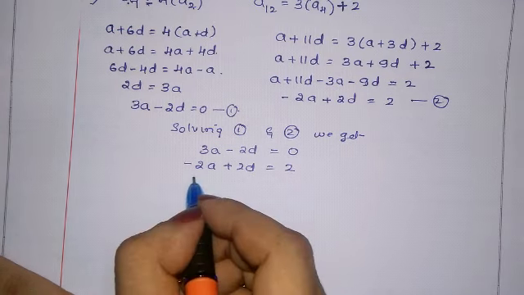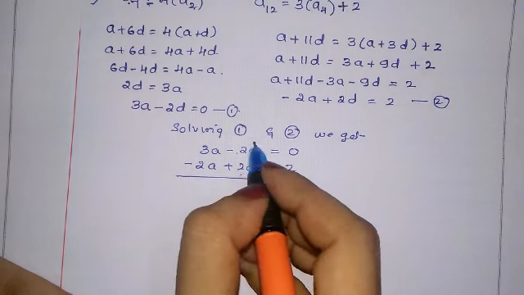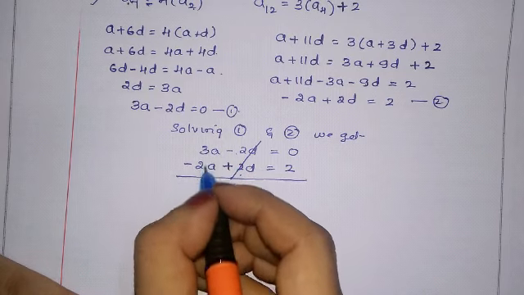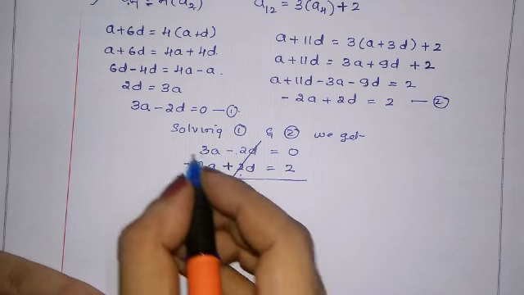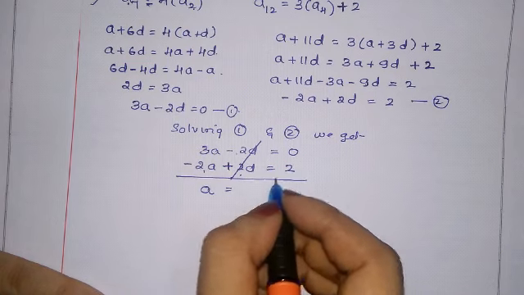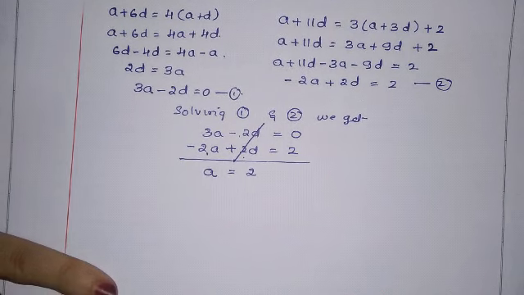Here we can see that minus 2D plus 2D get cancelled. 3A minus 2A is only A. Is equal to 0 plus 2 is 2. So here we got the A value as 2.